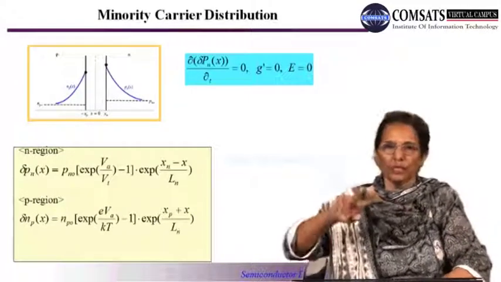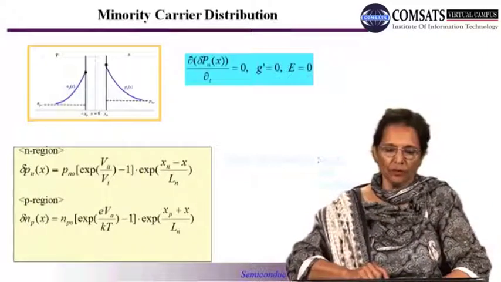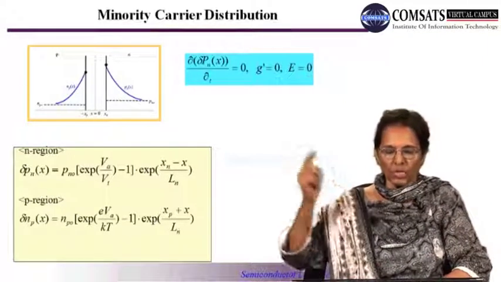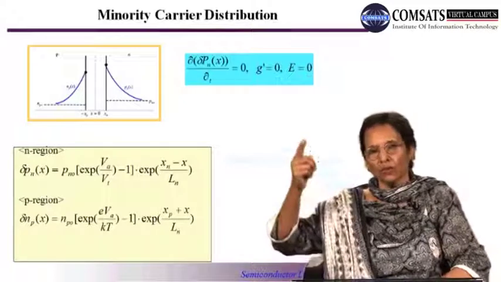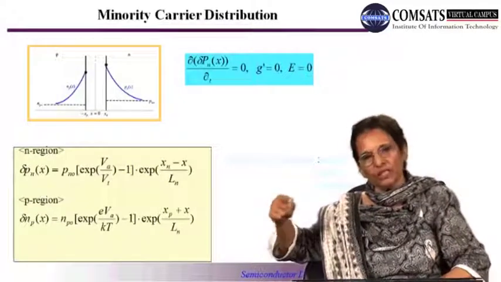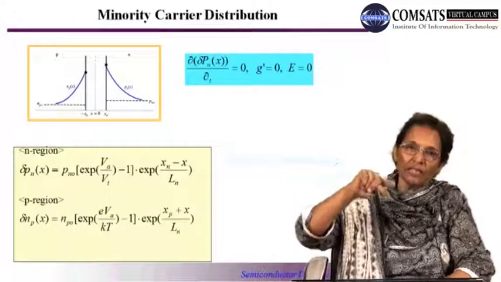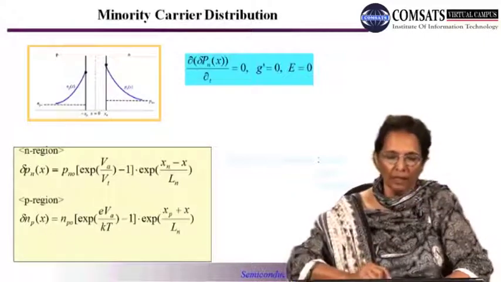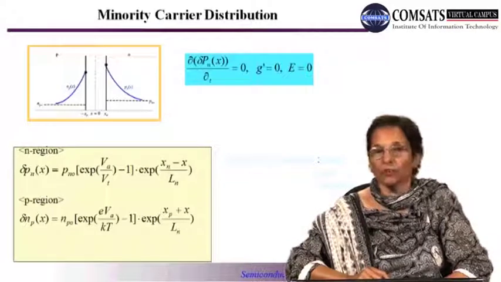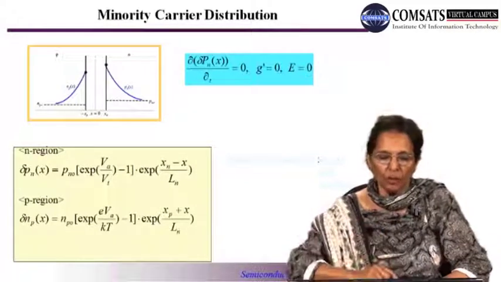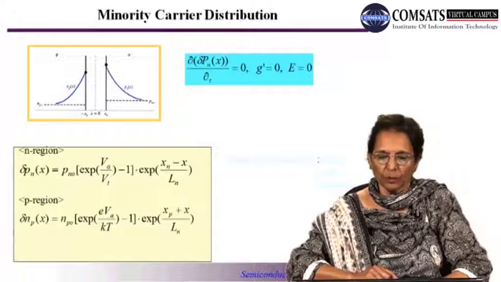I have now reversed my polarity of the PN junction in the previous slide. So on the N side of the junction, the injected holes are decreasing exponentially. On the P side, the injected electrons in the P region are reducing in number exponentially. So exponential behavior is shown in this transparency.